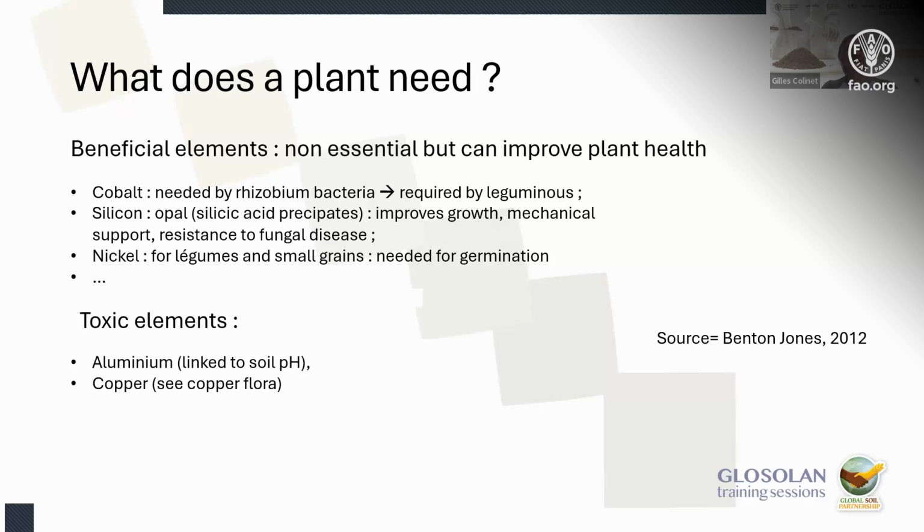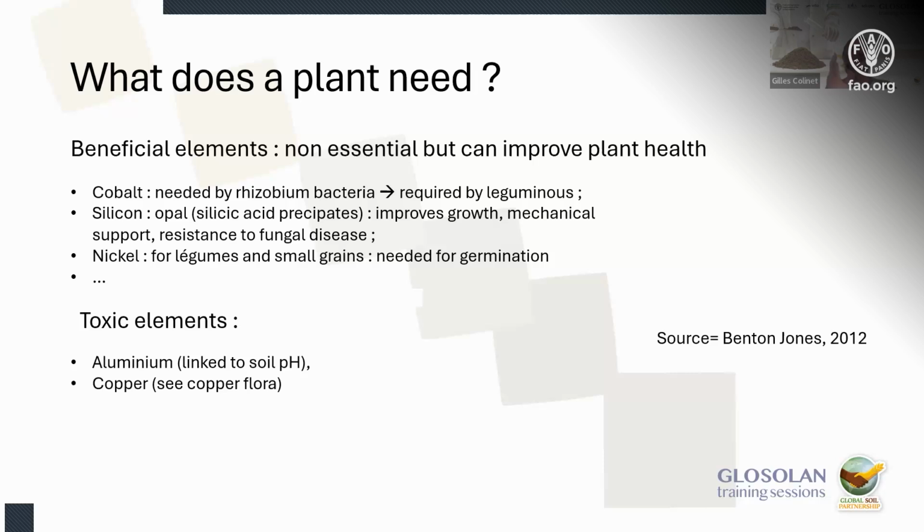You have silicon. Usually you will find silicon in the form of silicic acid precipitates in the plant. Silicon may have a lot of different roles in the plant. Usually it improves the growth and the mechanical support of the plant.